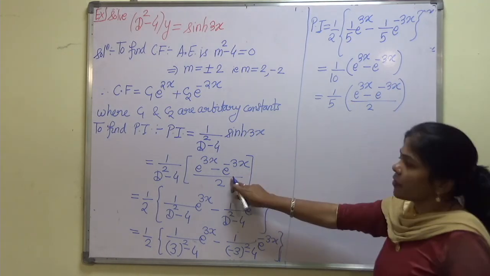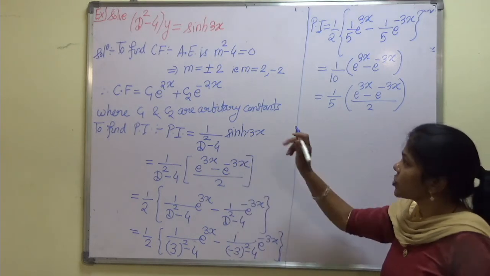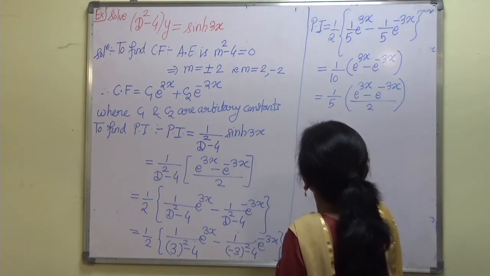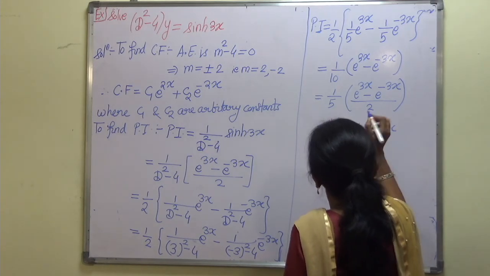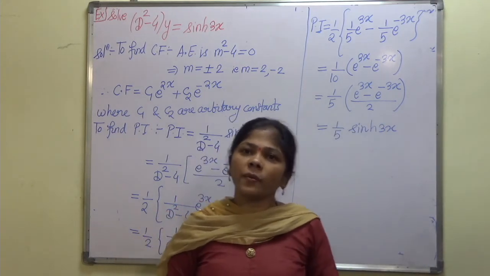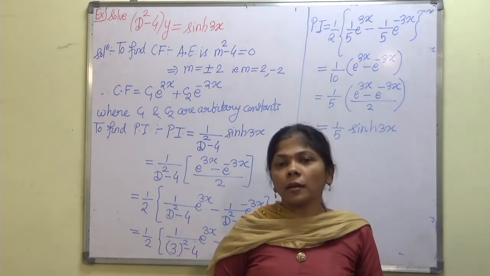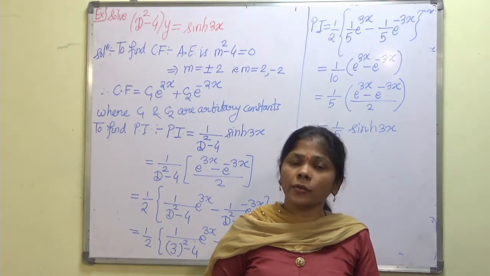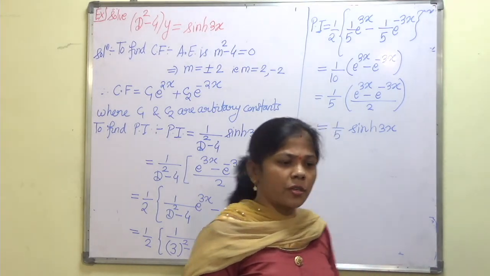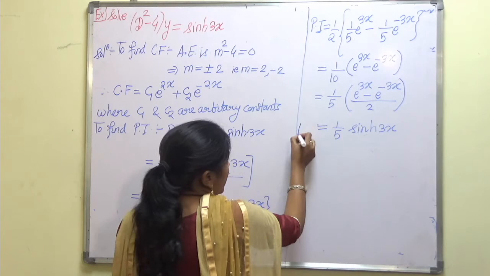And according to definition, this is nothing but what? sinh 3x. So this is 1 by 5 sinh 3x. So in this way, by making use of case 1, we can evaluate the particular integral for a hyperbolic function, whether it is sine, cosine or tangent functions, right? So particular integral is obtained.